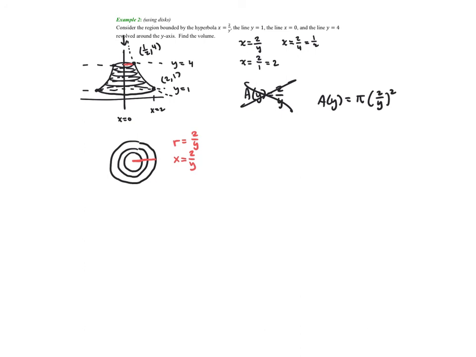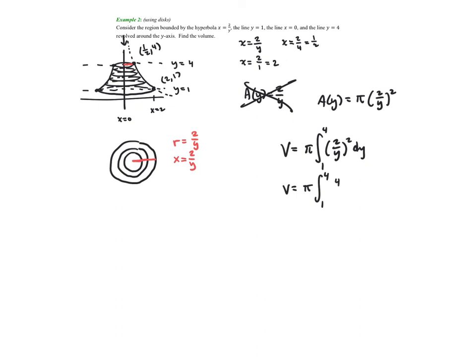Now we're going to set up our integral. The volume that we're seeking is going to be pi times the integral from 1 to 4 of our area function with respect to y. Let's do this one by hand and just see what we get. So this would be the integral from 1 to 4 of 4 over y squared.